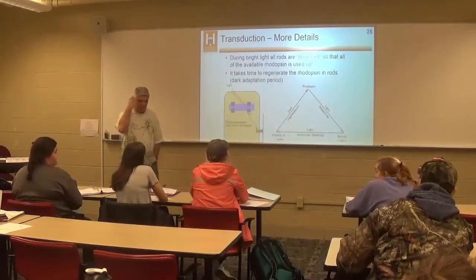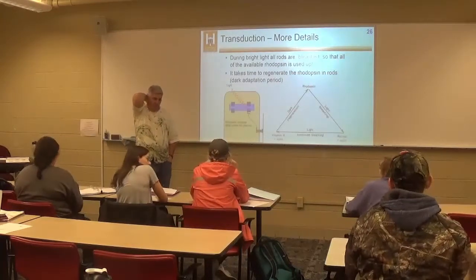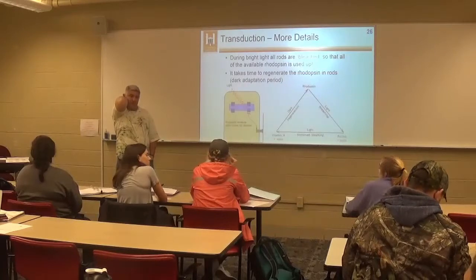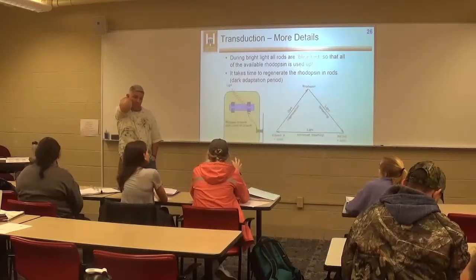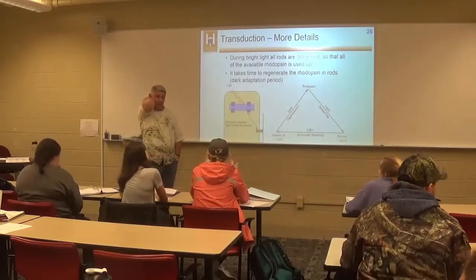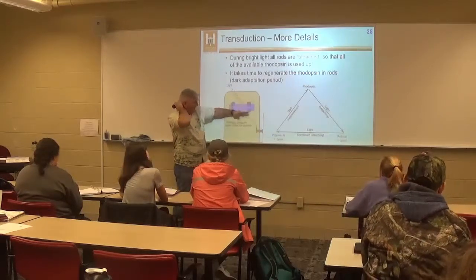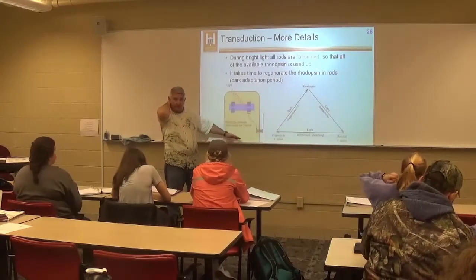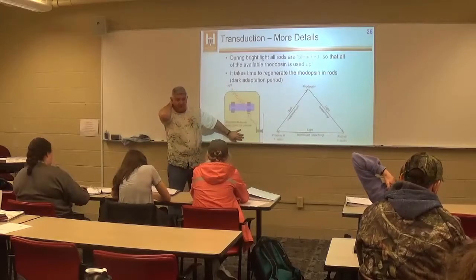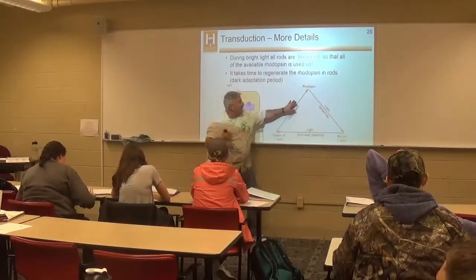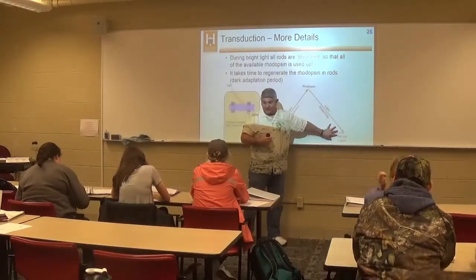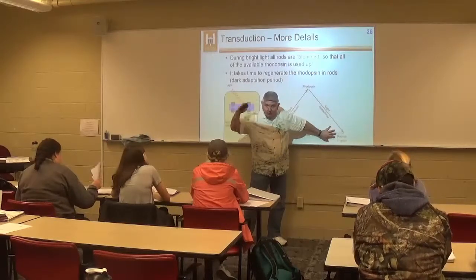I'm a little confused. So like in the dark, you're saying it regenerates. Is that just it building up inside, and then it's all released? Yes. So if we have 20 discs in bright light, all 20 discs have zero rhodopsin. Anytime we make more, the light immediately, as soon as it's made, activates it and it goes away. So we're at zero level of rhodopsin.